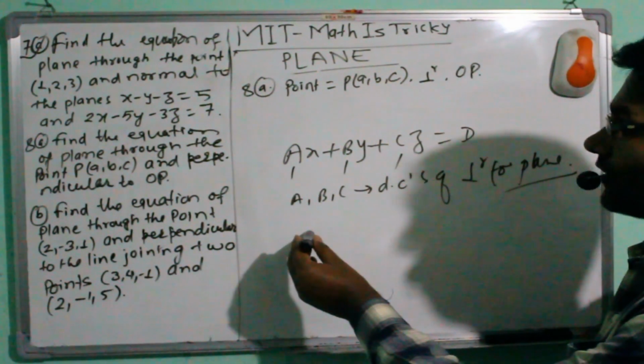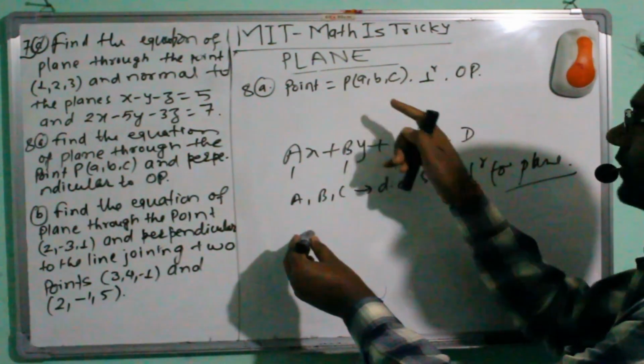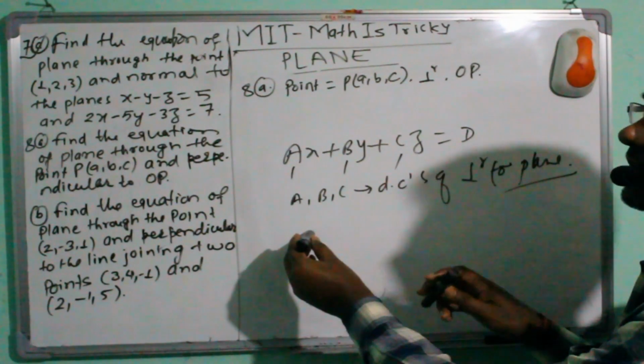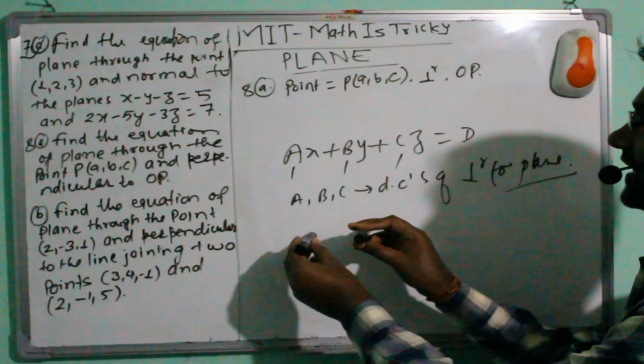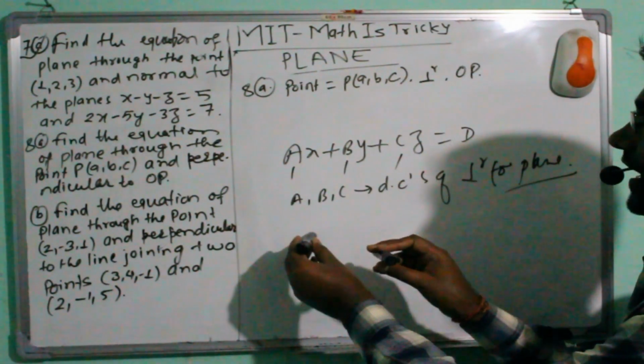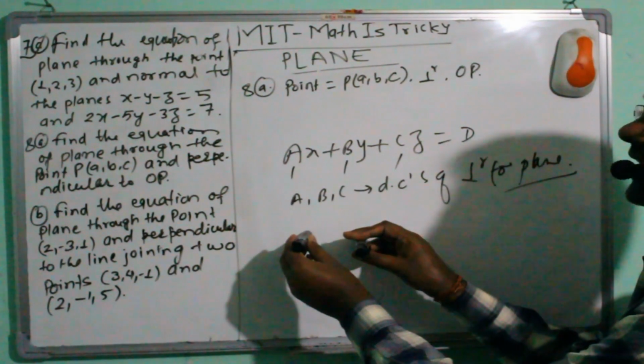Now we are going to find the equation of plane which is passing through point P, whose coordinate is A, B, C. Suppose there is another line, this OP, the second marker. In that case, this first marker and the second, OP, will be parallel.